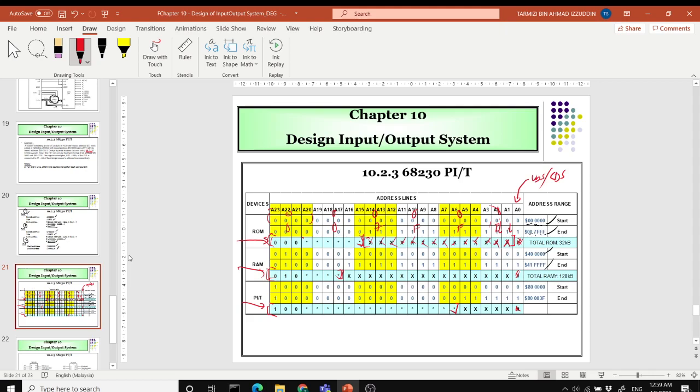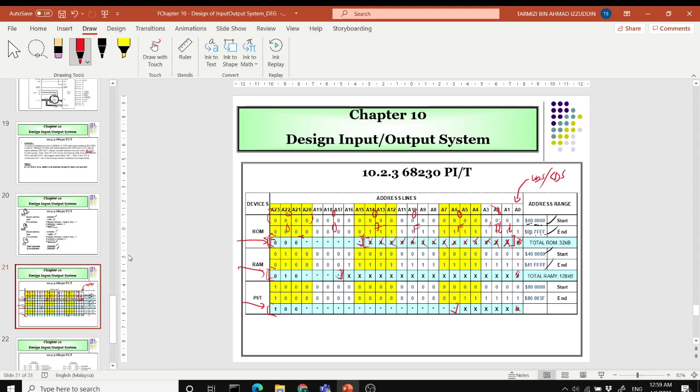The address decoder will select which device is connecting to the 68K. So you need 3 pins that don't change their value, that can be used to connect to the address decoder.